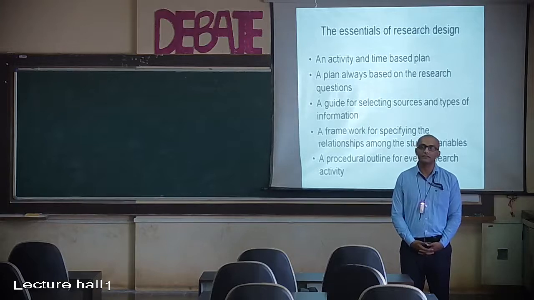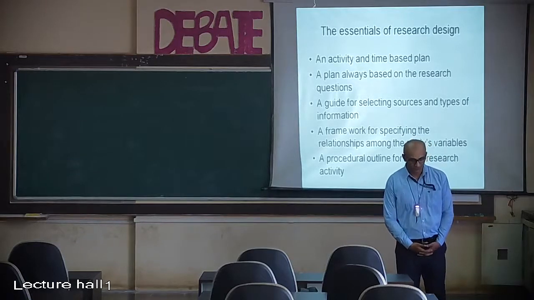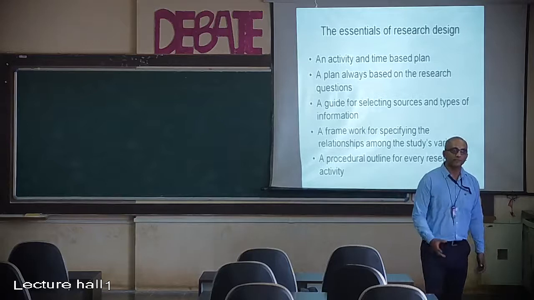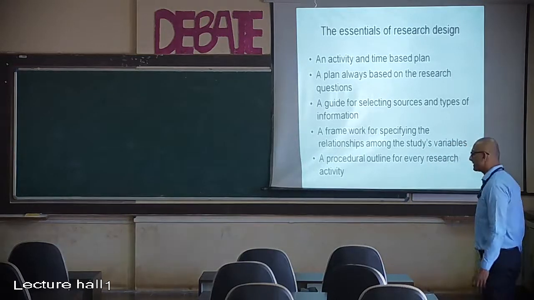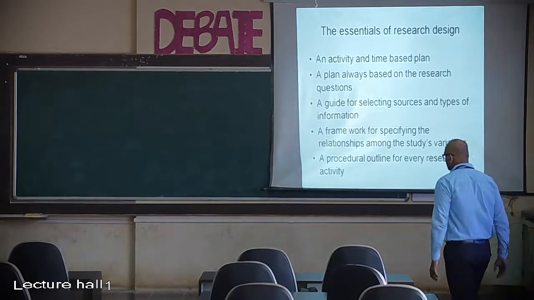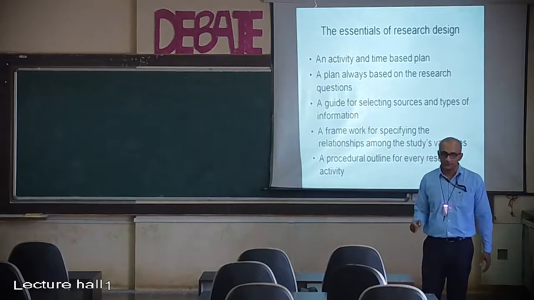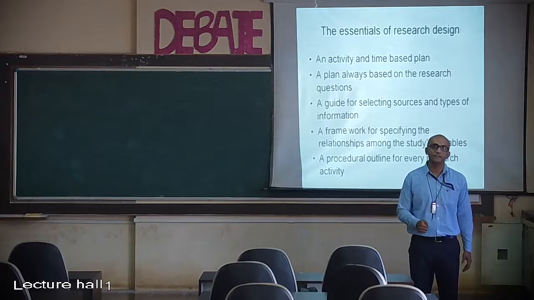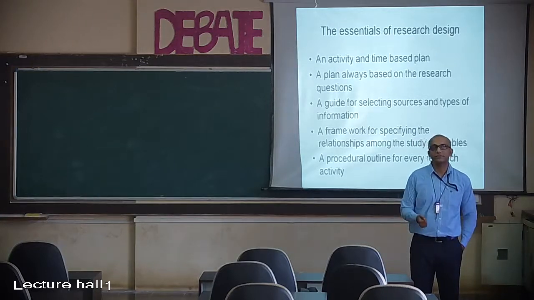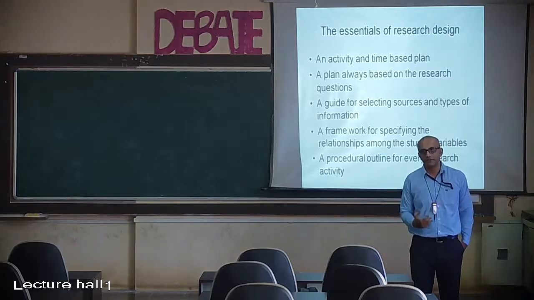For that matter, we need to find out the possible reasons why the sales are declining. There could be any number of reasons. Number one, erratic price fluctuations could be one reason. The pricing is not being done properly by your marketing department, so therefore the sales are declining. Usually if you decrease the price, there will be an increment in the sales.